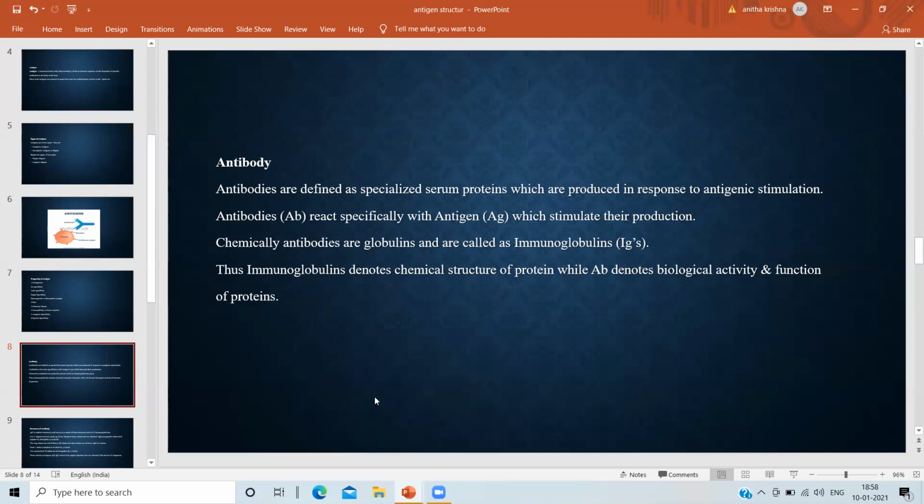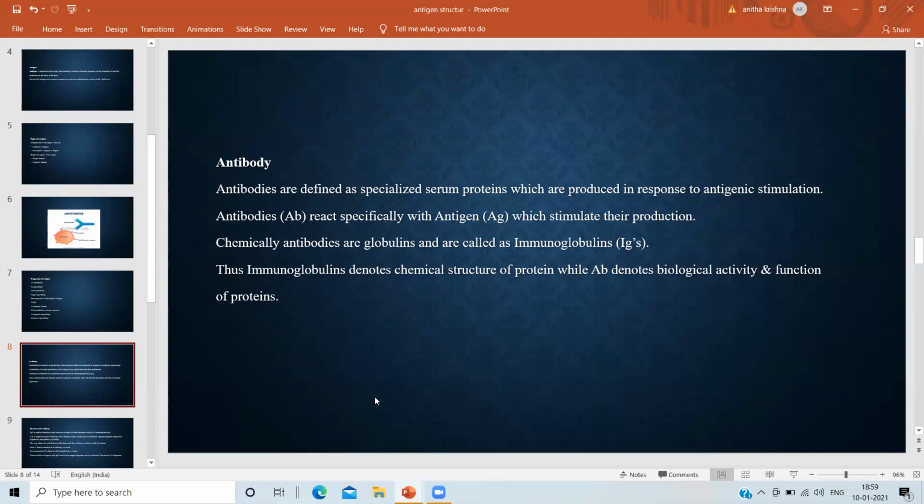Chemically, antibodies are called immunoglobulins. Immunoglobulin denotes the chemical nature or chemical structure of a protein, while antibody denotes the biological activity and function of the protein. So when we say immunoglobulin, we represent the chemical nature, and when we say antibody, we represent the biological nature or function of the proteins. That is how we generally use this terminology.